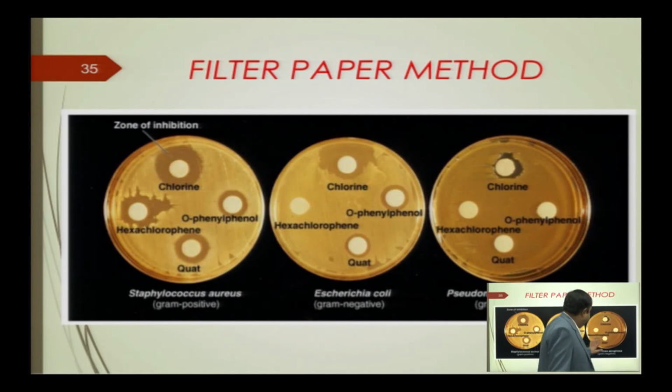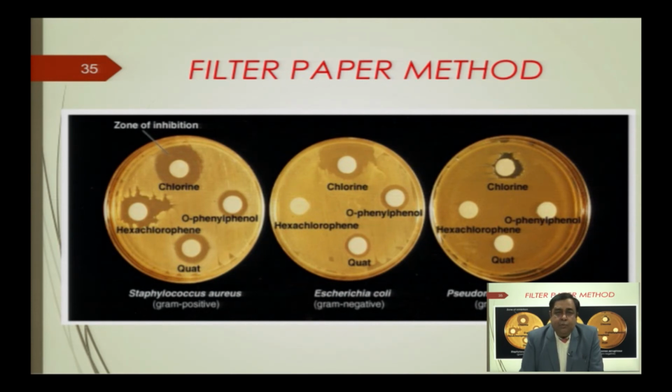Because this plate was flooded with another microorganism, Pseudomonas aeruginosa, another microorganism belonging to the gram negative group. It indicates that one particular chemical may be active against one microorganism, but that same chemical at that same concentration may not be active against another microorganism.